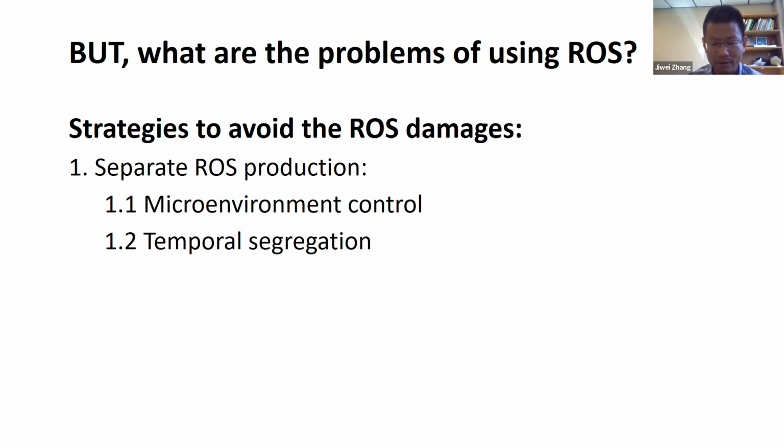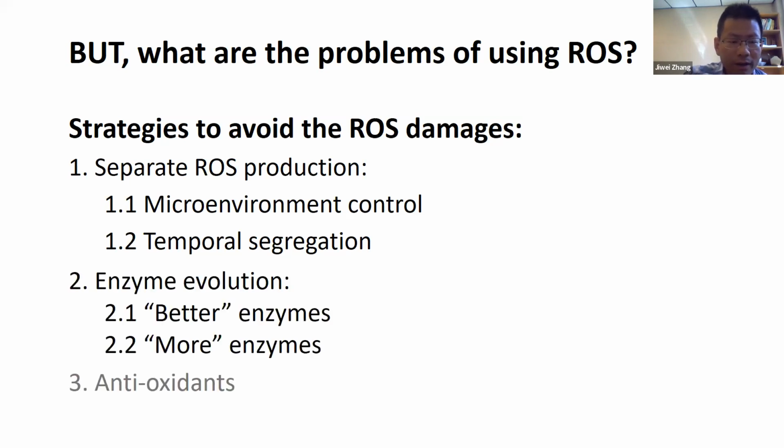So they can produce the ROS at the early time of the decay, while there are not plenty of fungal cells growing. There are also some other strategies fungi may use to avoid the self-damage of ROS.